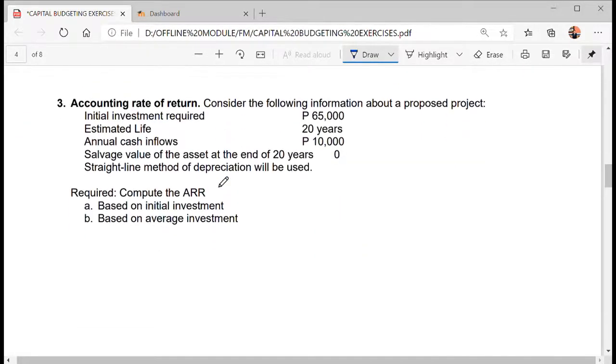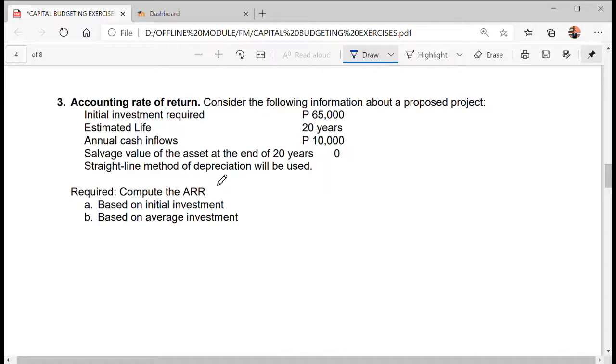Next is question number 4. Same question as in the previous problem. Compute the ARR, but based on initial investment. So, again, this is average annual net income over initial investment.